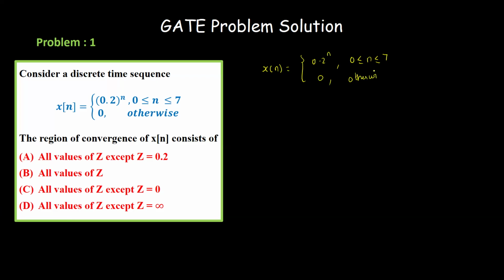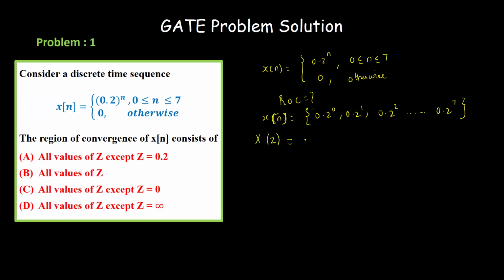We need to find the ROC, region of convergence. Here we know x of n equal to 0.2 power 0, 0.2 power 1, 0.2 power 2 up to 0.2 power 7 is the given sequence. Now we need to find the x of z.